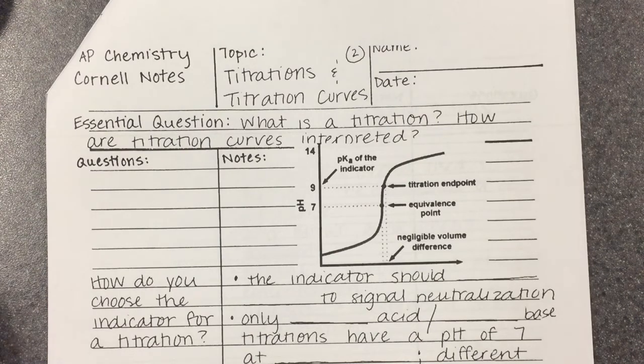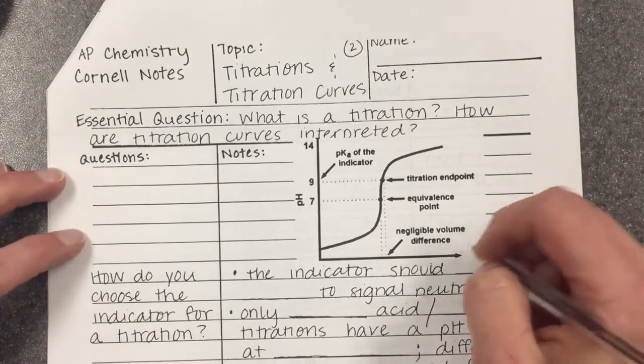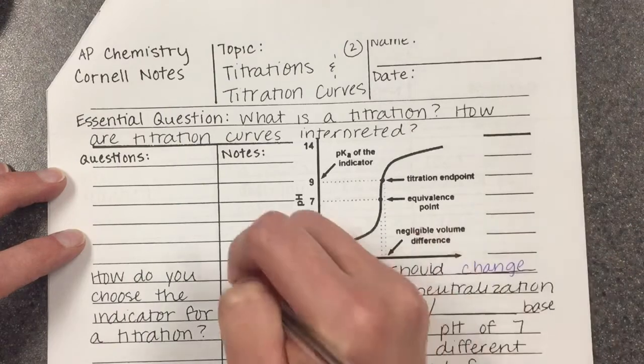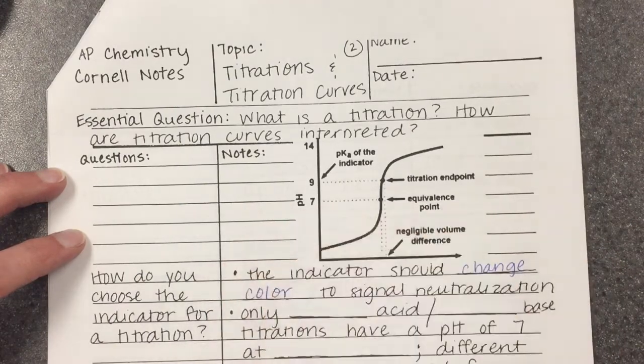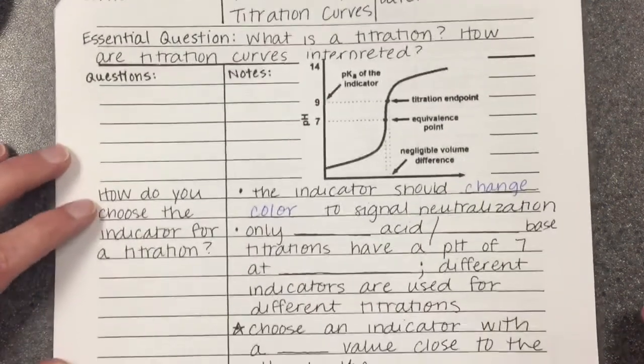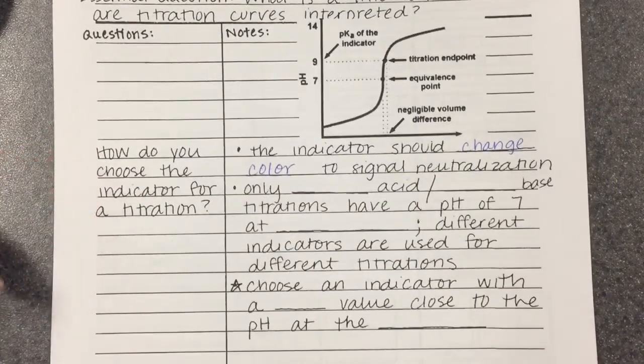So what you really want to do is use an indicator that is going to change color to signal neutralization. And phenolphthalein is not the only one by any means. There are several different acid-base indicators that are out there.